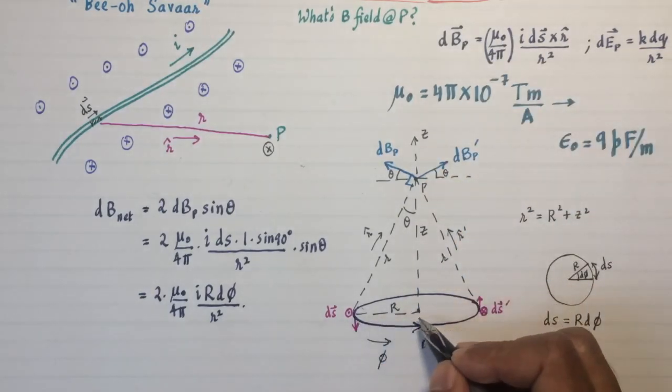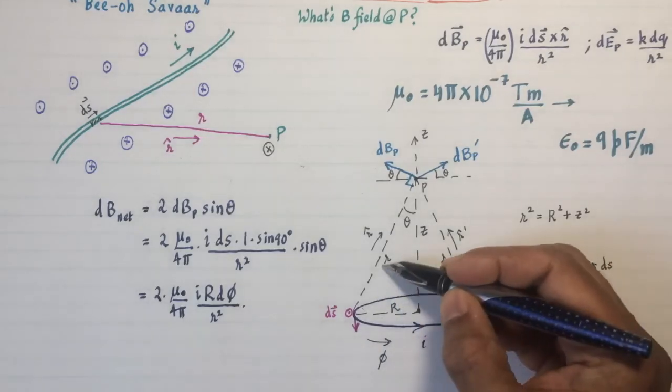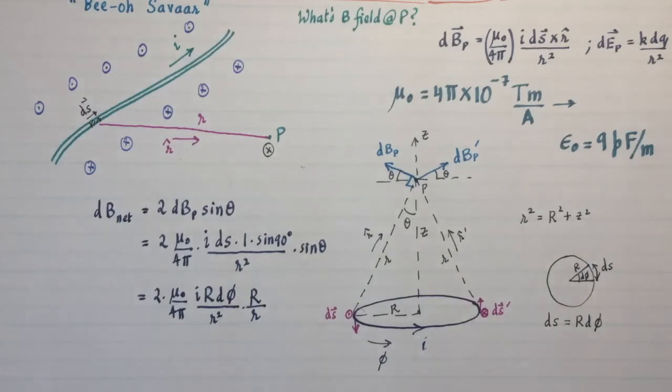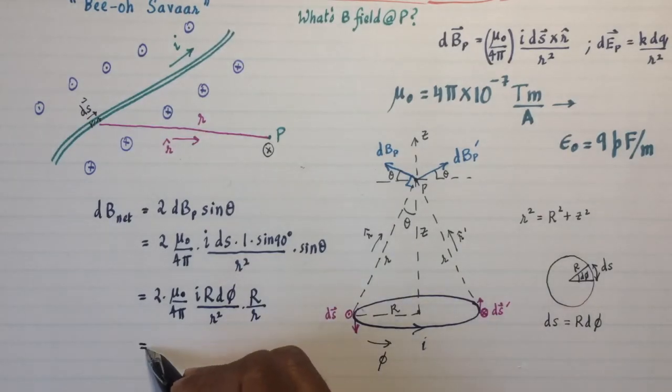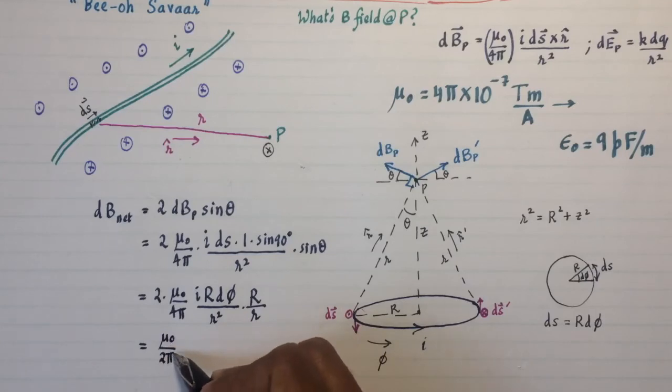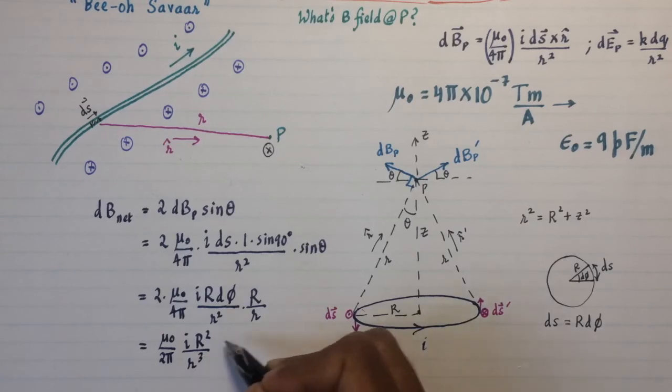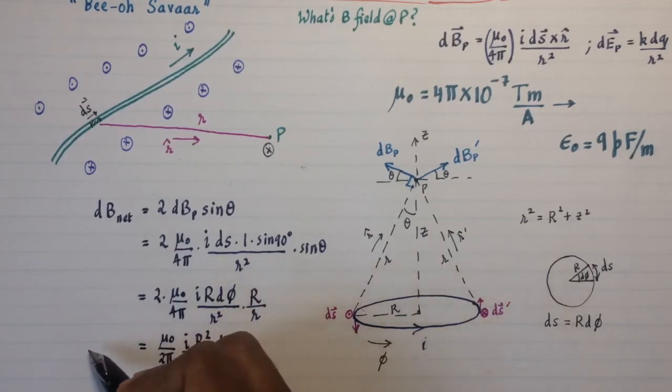It's opposite, which is r, divided by the hypotenuse, which is little r. Great. So we have done everything that we need to do. So that's going to be mu naught over 2 pi I r squared over r cubed d phi, and that's dB net.